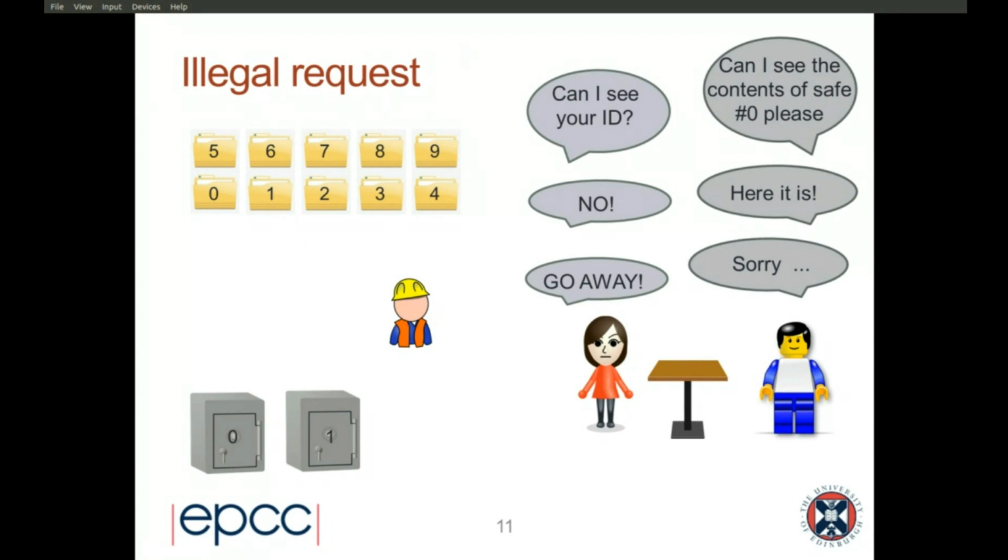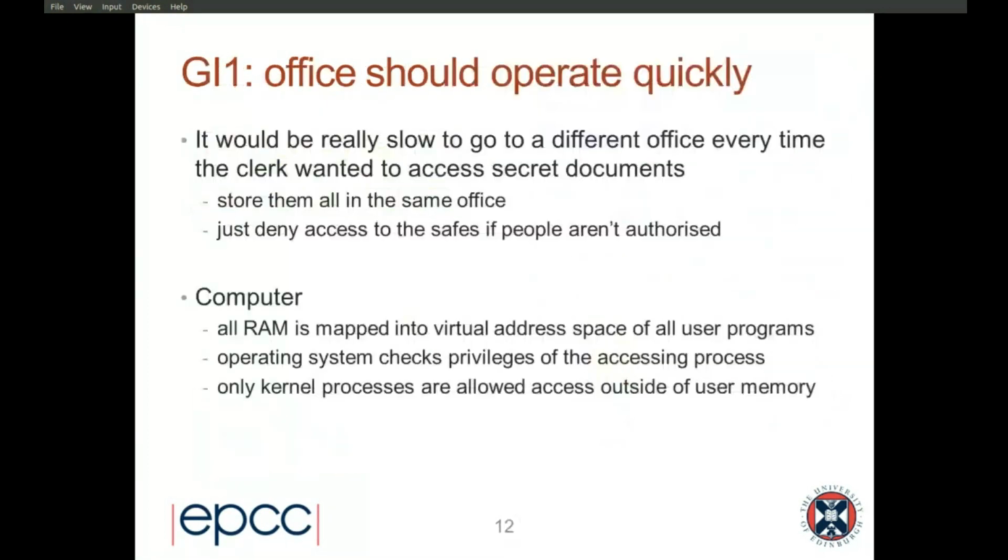Why aren't the secret documents stored in some off-site location? The problem is, it would be really slow if every time we wanted to access one of the secret documents, the memory system or Igor has to go to a different office. So what we do is we store all the information, both secret and non-secret documents, in the same office. And we basically just deny access if people aren't authorized.